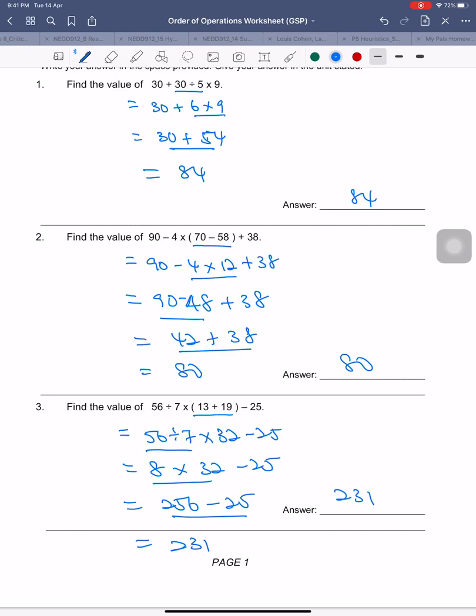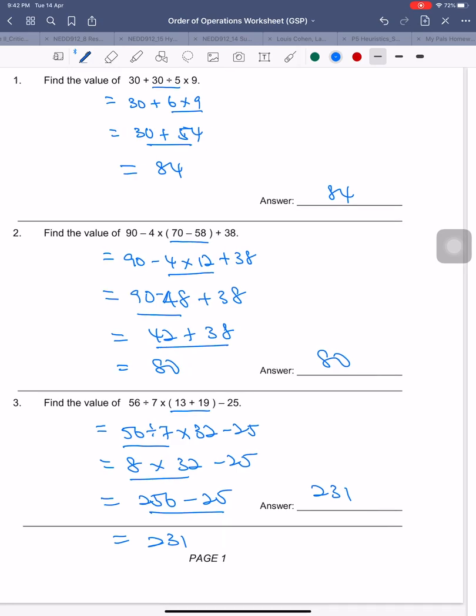So that's page 1. I hope after going through the corrections for the first 3 questions, you have actually recalled the rules when you're doing order of operations. So I would strongly urge you, those who got any of questions 4 to 7 wrong, pause the video and redo the corrections on your own.